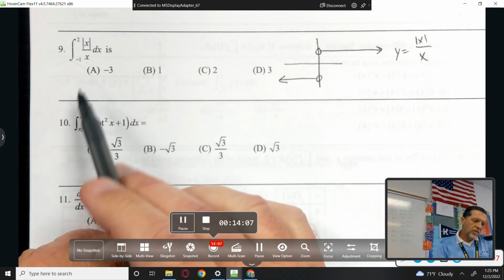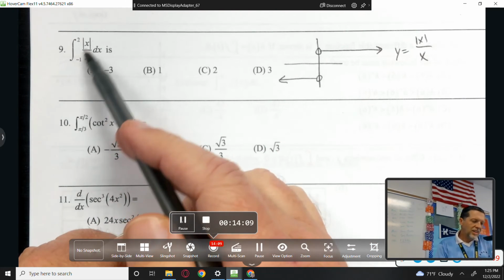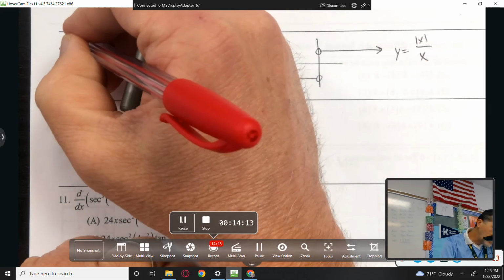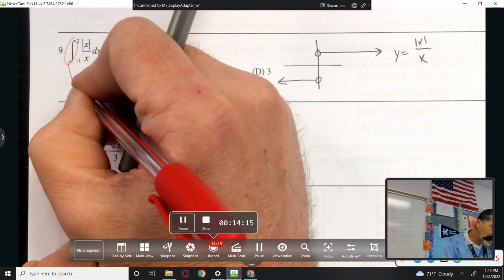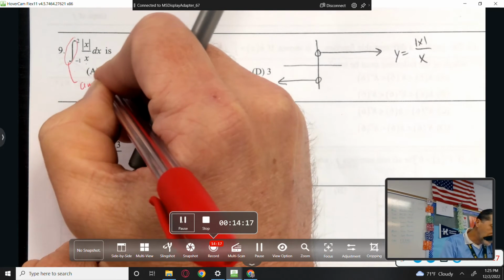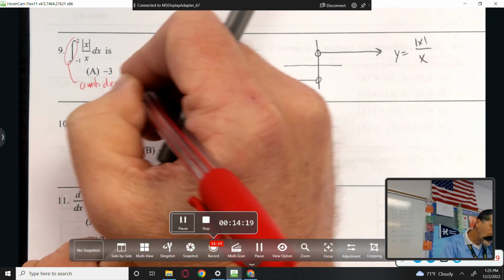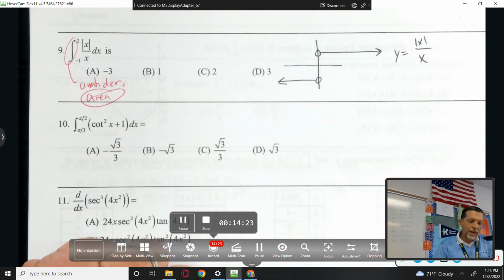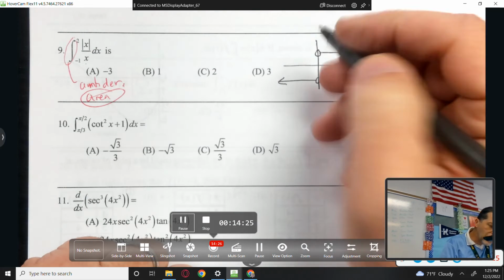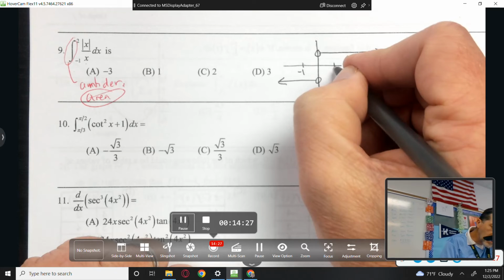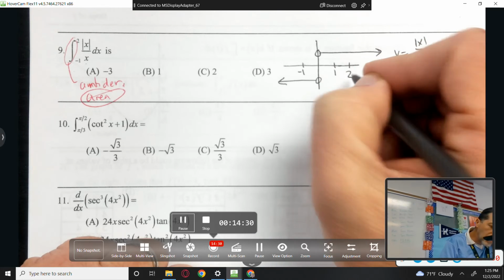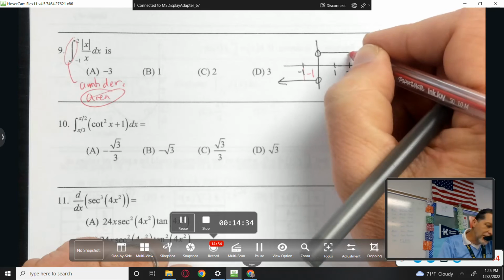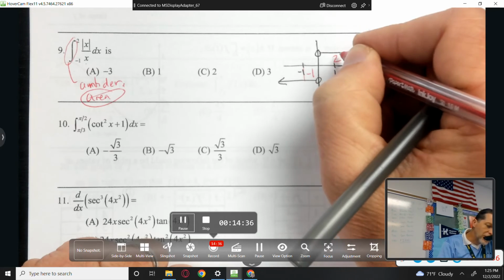So antiderivative, yuck, I don't want to do that. But remember, this symbol means two things: antiderivative as well as area. So I can do area from negative 1 to 2. In fact, that's pretty easy now. That area is negative 1. That area is a positive 2.